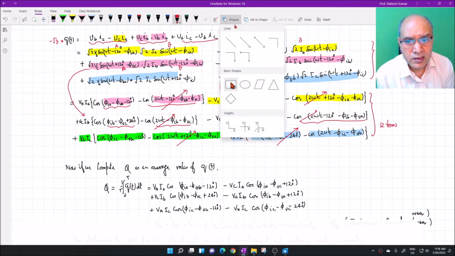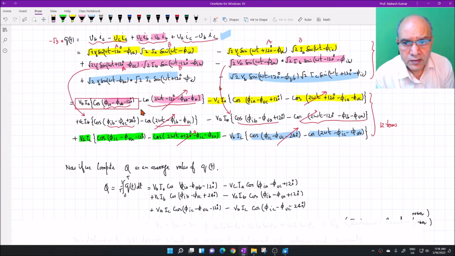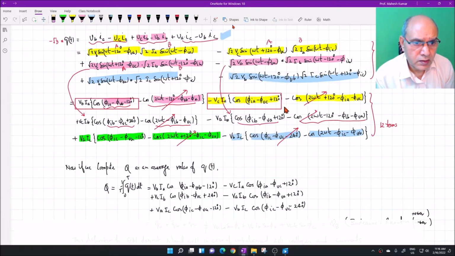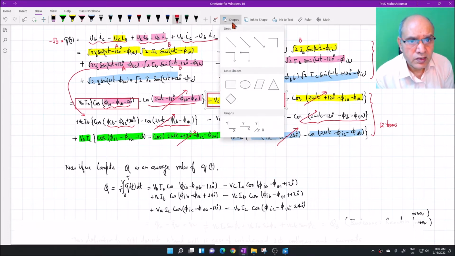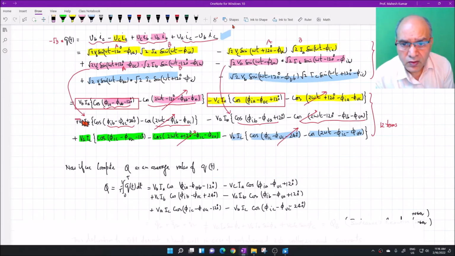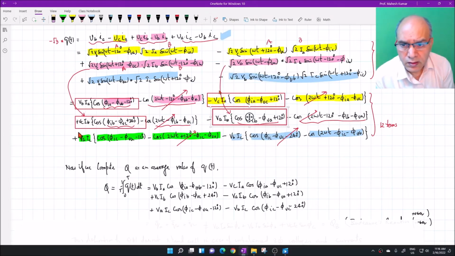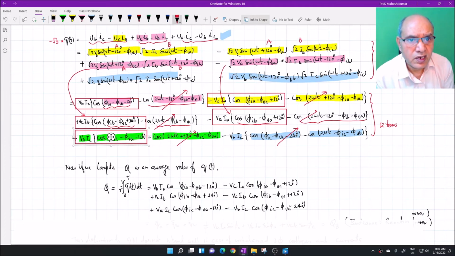If you look here, this is one constant term, then we have a second constant term here, then a third constant term, this one, the fourth one, fifth one, and the sixth one. These are 6 constant terms.